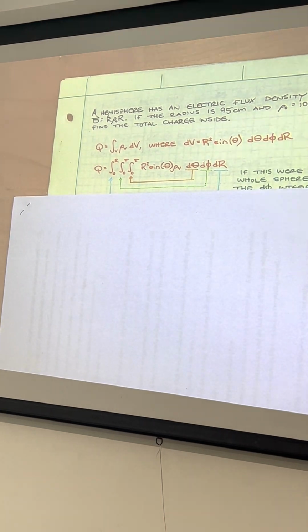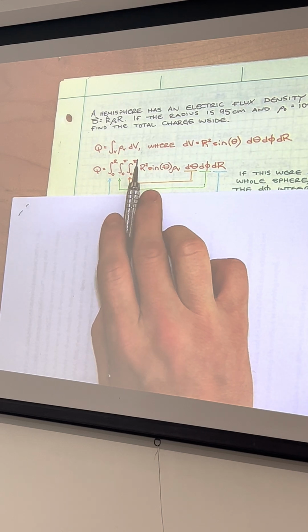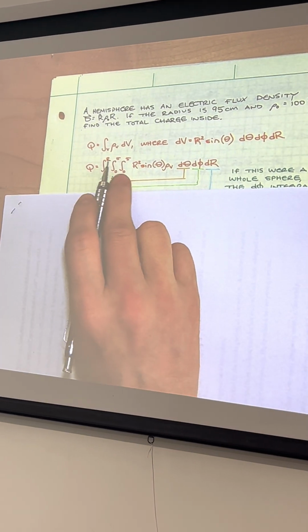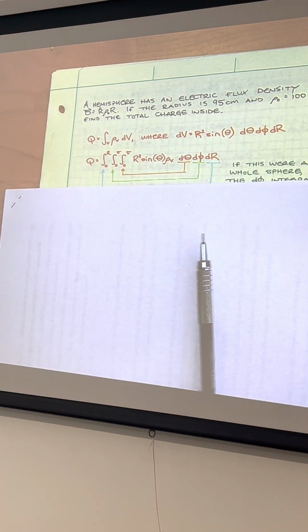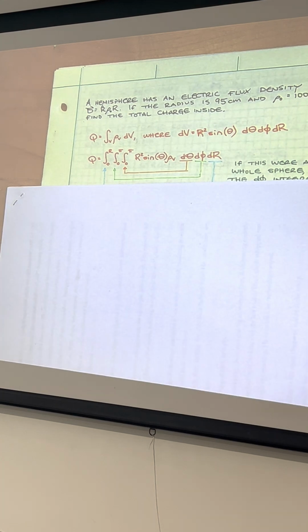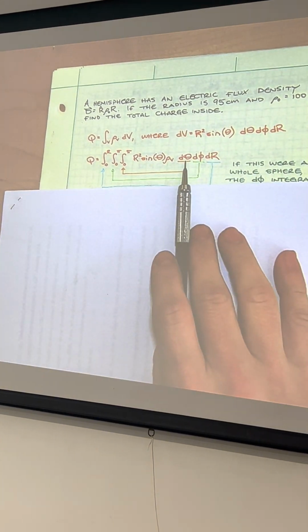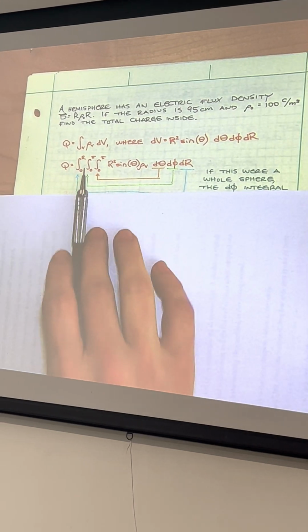This one, unless it's a quarter sphere, is always going to be pi. If this was a whole sphere, that would be R, 2 pi, and 1 pi. If you go twice around it, it doubles. You don't want to do that. So that's exactly what we've got. And we've got our d theta, which is this integral, our d phi, which is this integral, and obviously dr goes from 0 to r.